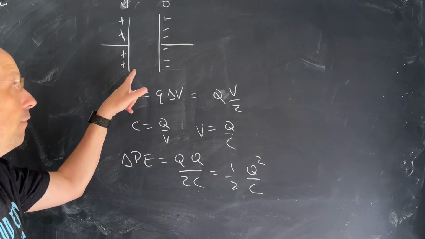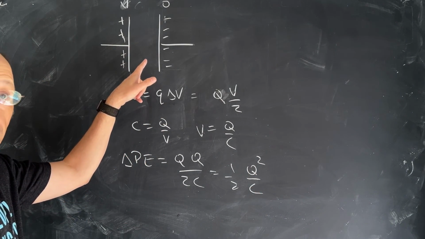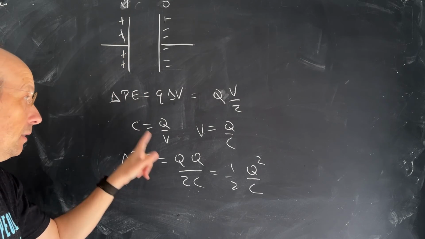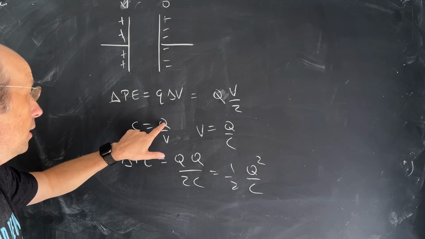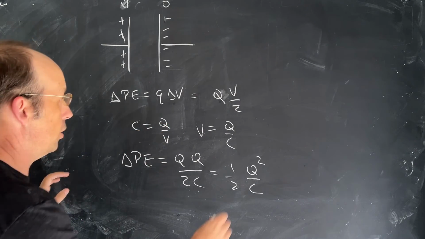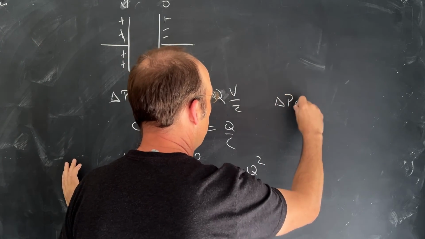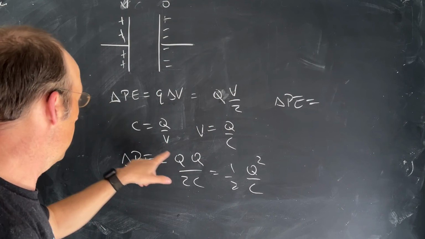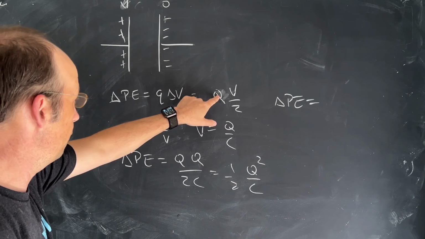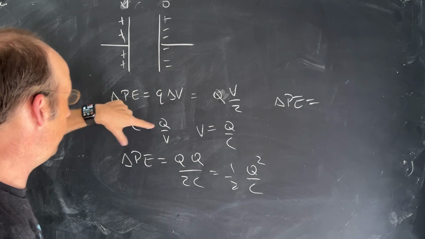So the amount of energy depends on the square of the charge in there and the value of the capacitance. Now, the other thing I could do is take this and replace the Q. So I get the change in potential energy, which is the energy stored in the capacitor, is, instead of Q, I'm going to put CV.